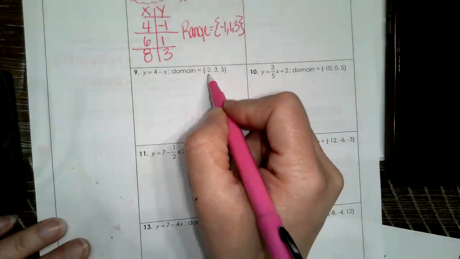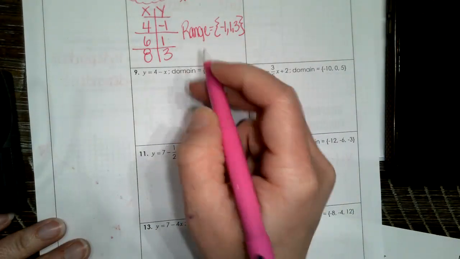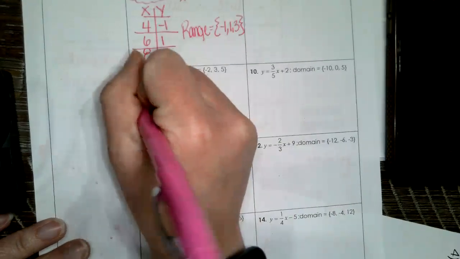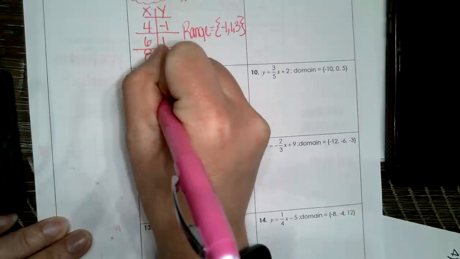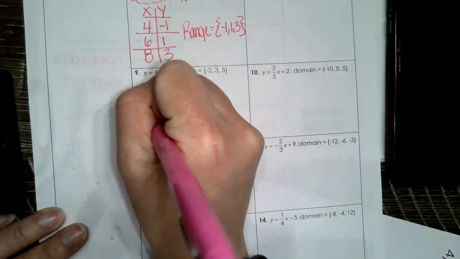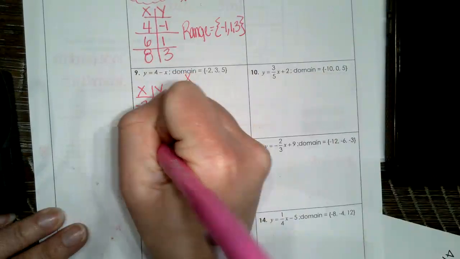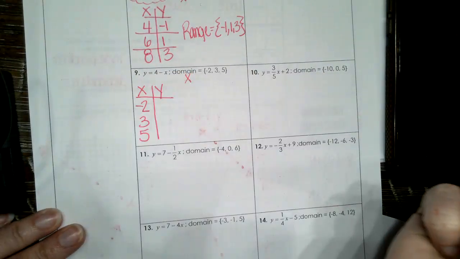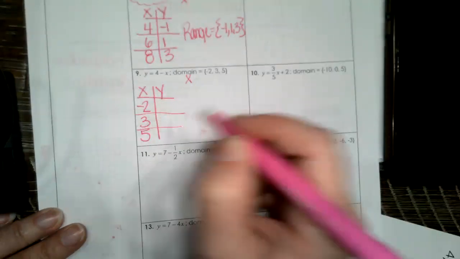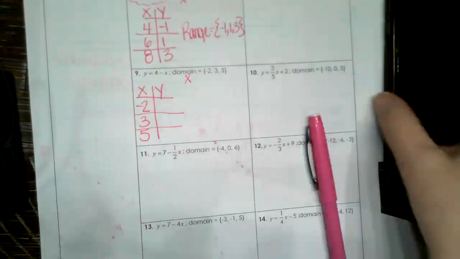All right, so looking at number 9 here, it's asking for specific X values, which is the domain values. So I'm going to do X and then Y, -2, 3, and 5. And then I'm going to go ahead and type it in Desmos.